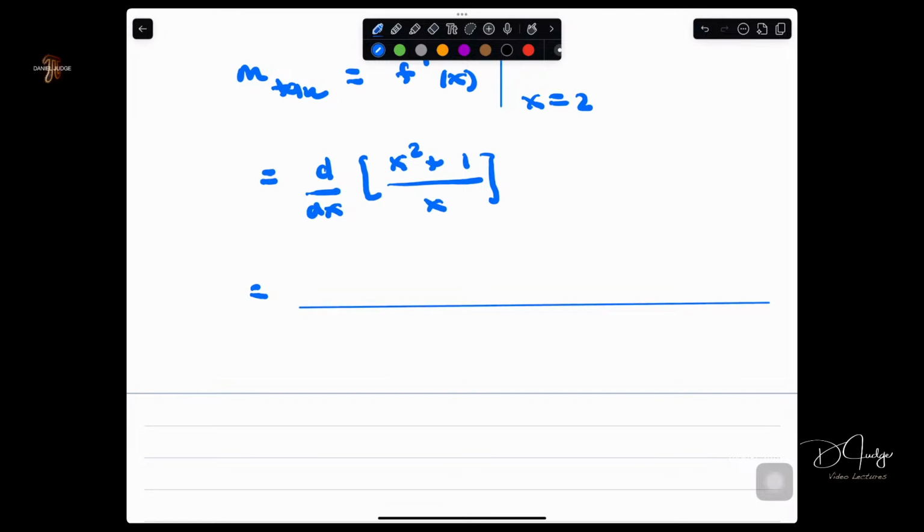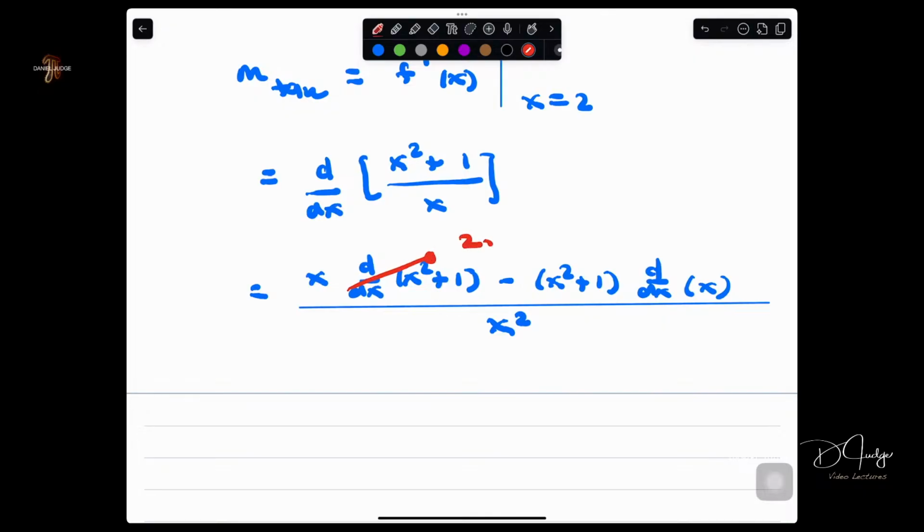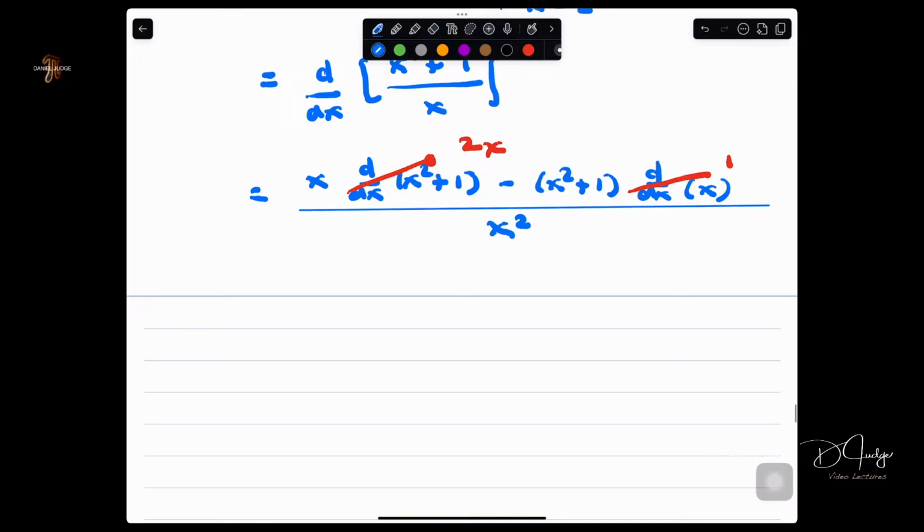Quotient rule now. x times the derivative of x squared plus 1, minus x squared plus 1 times the derivative of x. So as we take these derivatives, we'll get here 2x and 1. So I get x times 2x minus x squared plus 1 times 1.